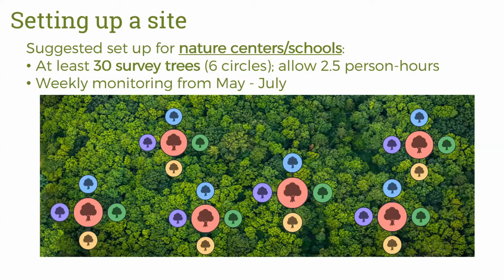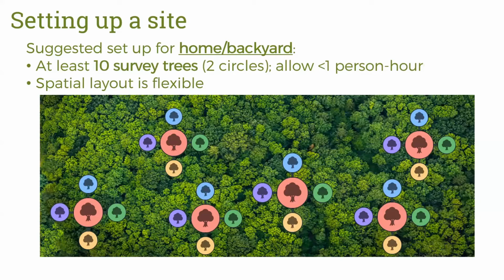And so especially if you have a group of participants to divide up the labor, this is a recommendation. On the other hand, if you're just doing this in your backyard, feel free to just set up 10 survey branches. At 5 minutes per survey, that will still take you less than an hour, 50 minutes or something like that, for one person to do on their own.